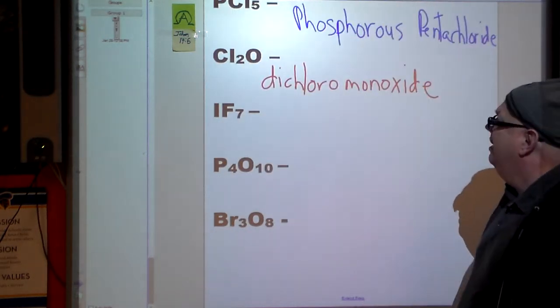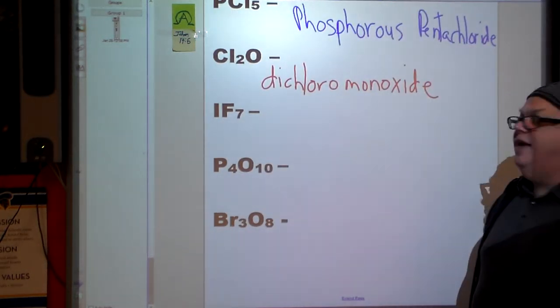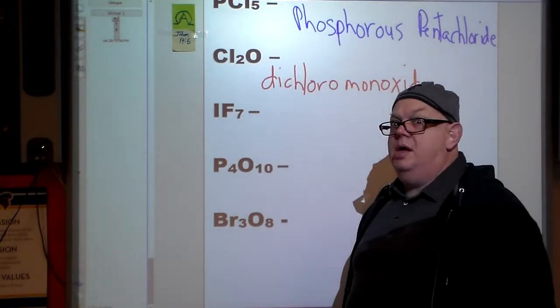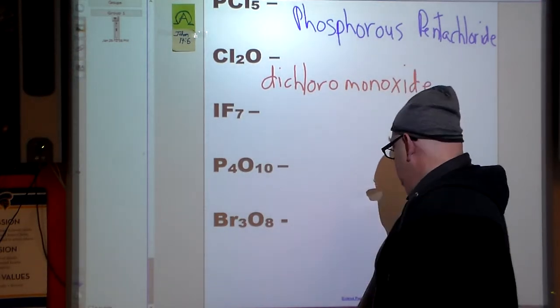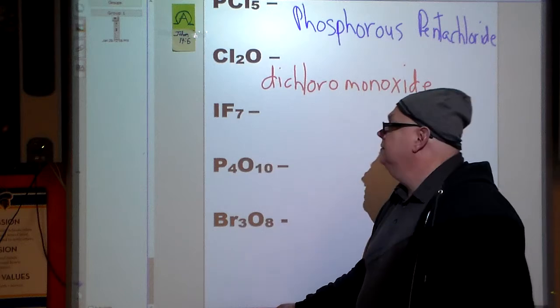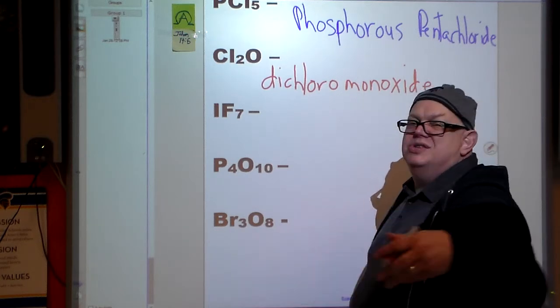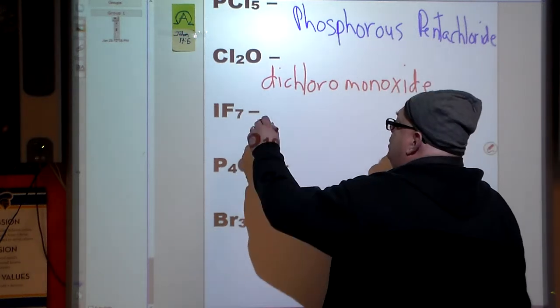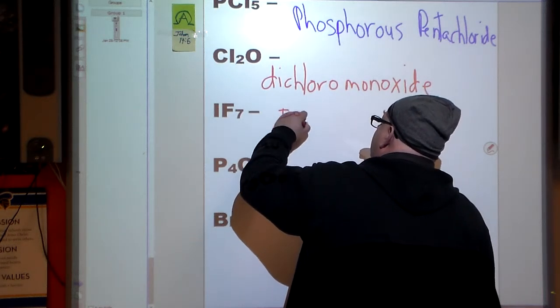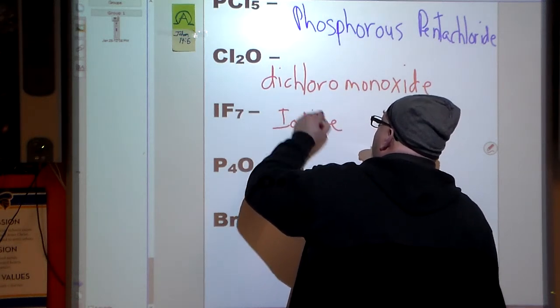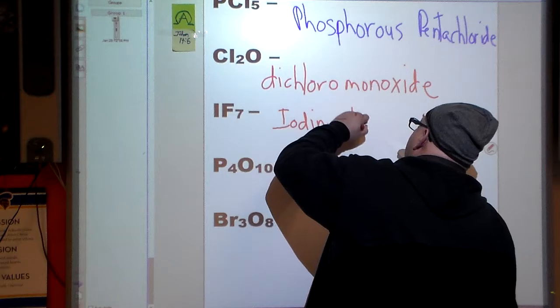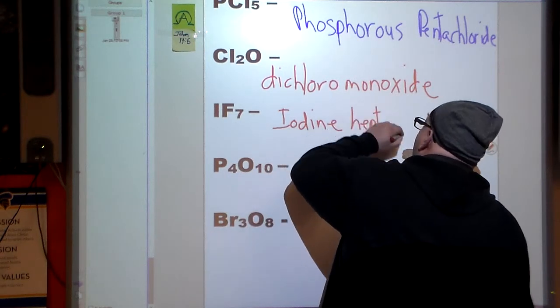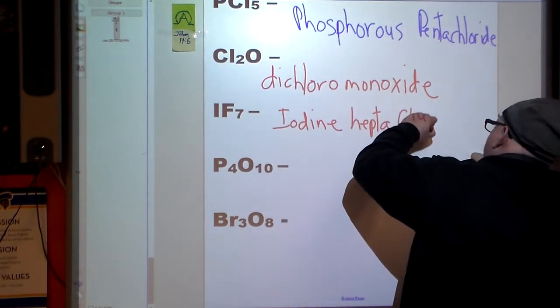All right. How about IF7? It almost sounds like the impossible force. Or maybe it's the incredible force. Let's just get on with it. Okay, so here's iodine. So it's going to be iodine heptafluoride.